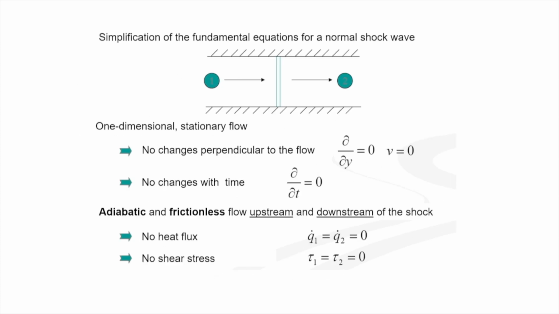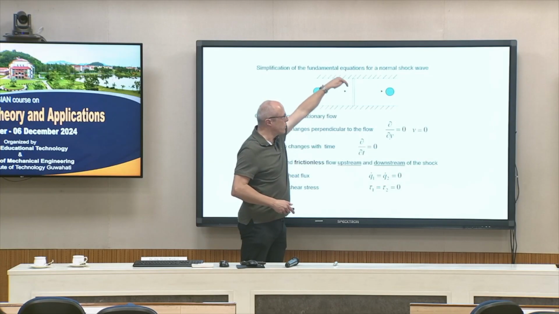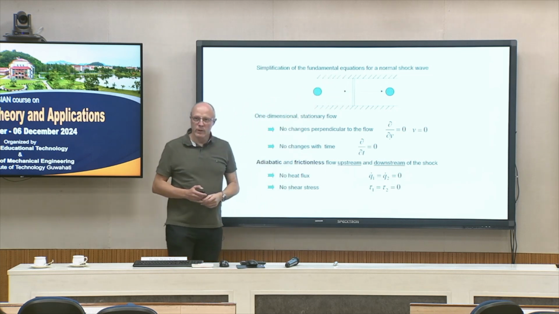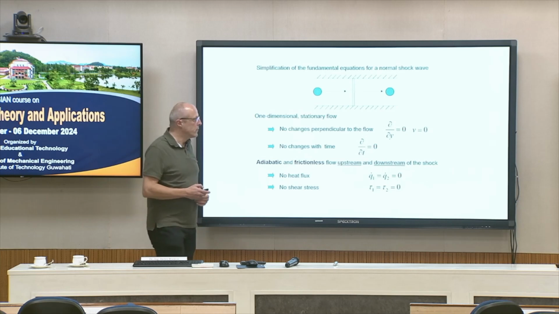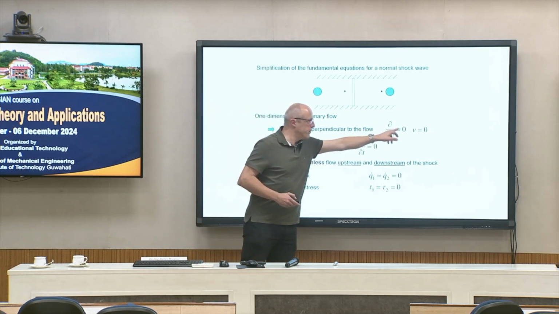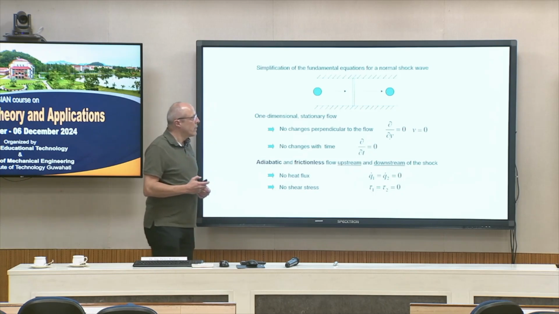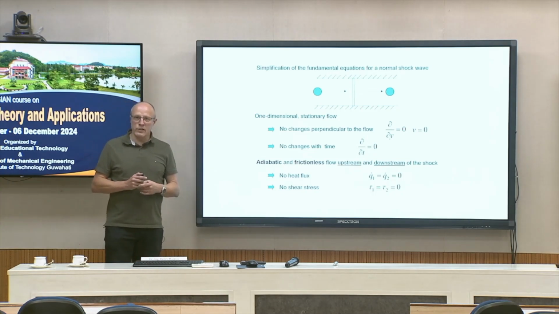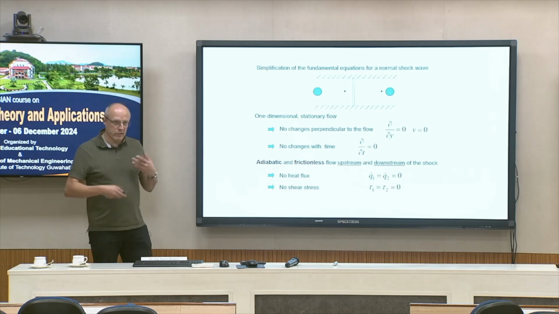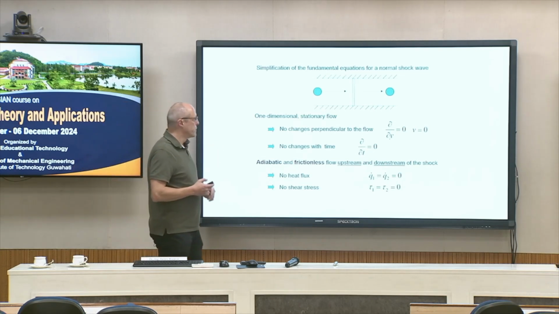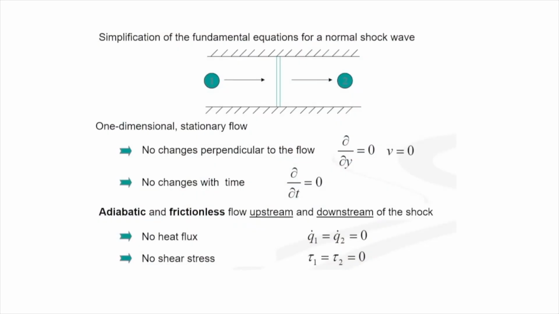But when we want to simplify it, we can use several assumptions which are valid for a broad region here. So first of all, we don't have any changes perpendicular to the flow, and no velocity in this direction, so these parameters we can set to 0. And we assume we don't have any change with time, which is valid for a given period too, so this derivative can also be set to 0.